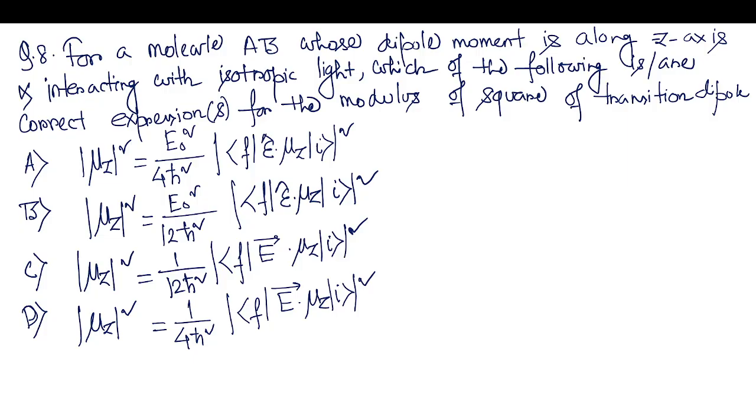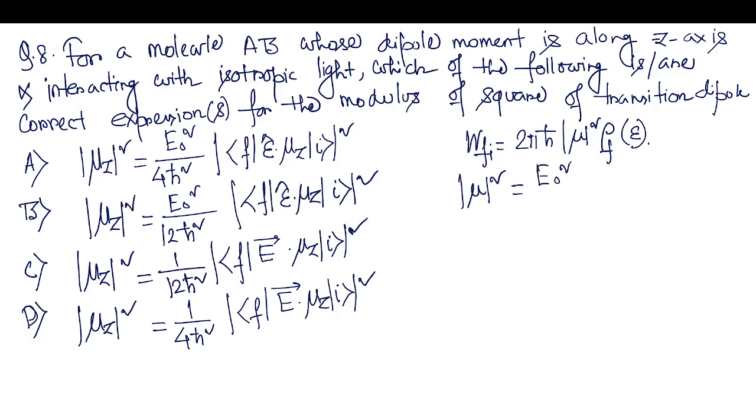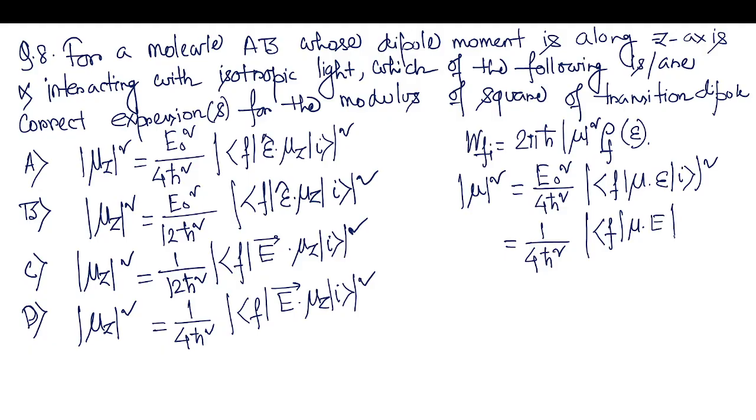From Fermi's golden rule, what we can write is the square of the modulus of the transition dipole moment, E0 taken inside.